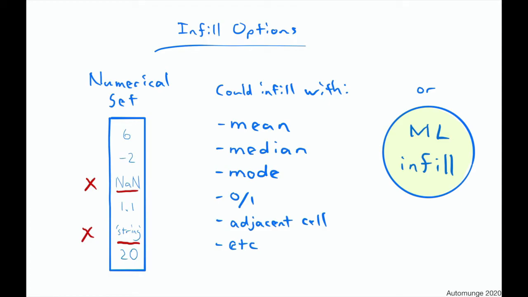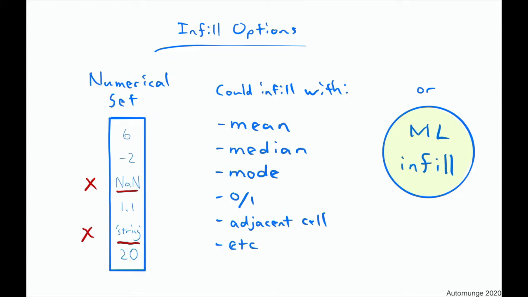Or perhaps may contain instances of string entries, which are inconsistent with the desired numerical formatting. Traditionally, a data scientist has several options for how to infill missing points, which may include replacing these values with values derived from the set, such as a mean, median, mode, or maybe replacing missing values with an arbitrary integer such as 0 or 1, or another method could be just to copy the value from an adjacent cell.